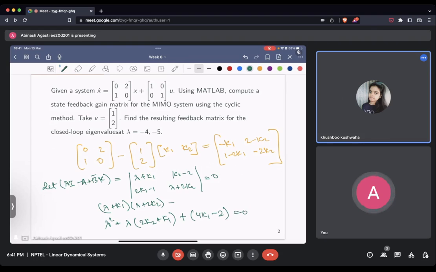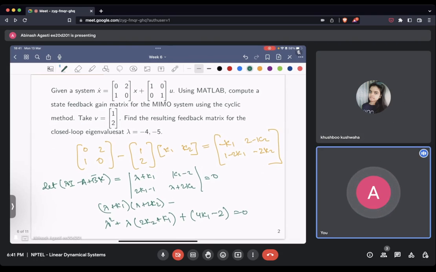Okay. So now we want the eigenvalues to be placed at -4, -5. So this has to be the same as this equation. Doing that, we'll get 4k1 equal to 22.